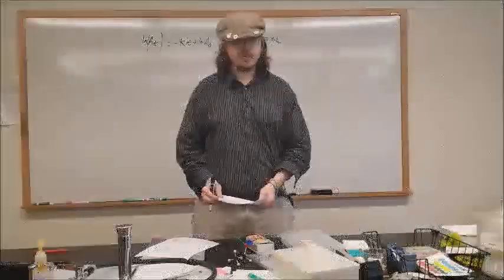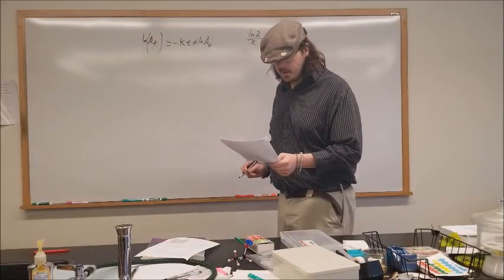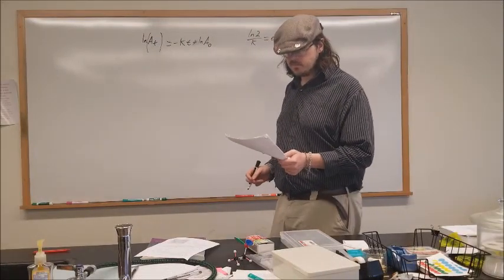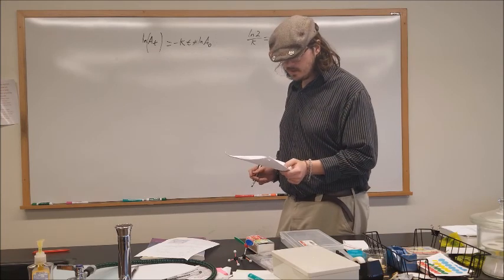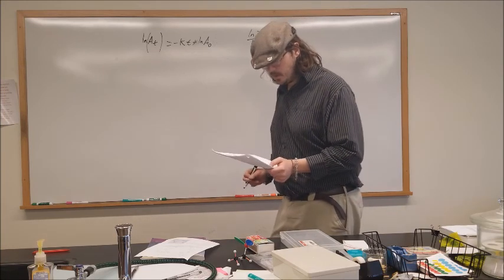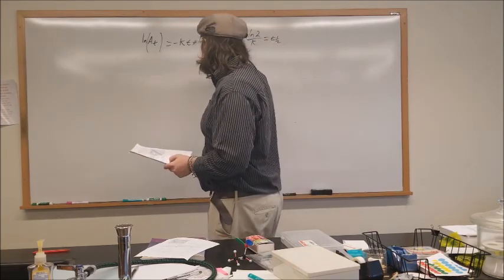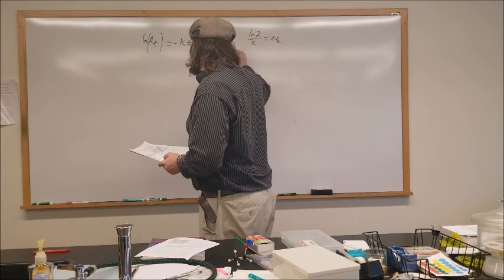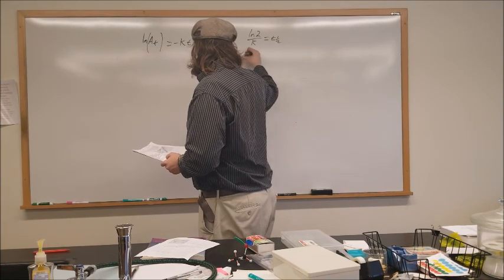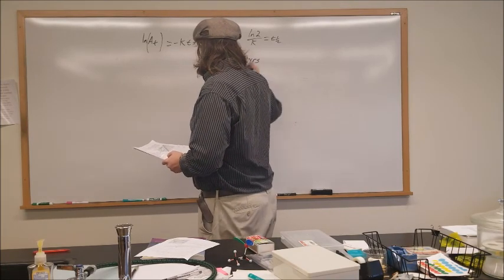Problem number 13. We're looking at how much of this radioactive tin would decay in 71 years of human lifetime. We're given that the half-life is a big number, 230,000 years.